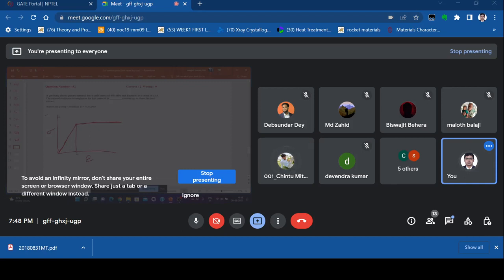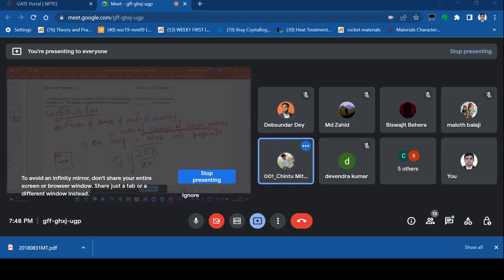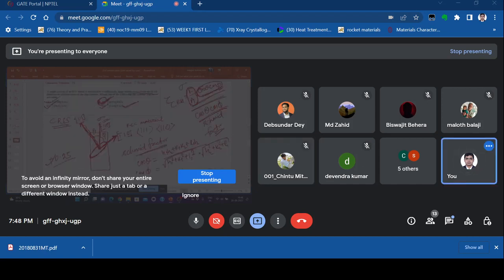Sir, in the previous question, to activate any slip system, why should the Schmidt factor be higher? Okay, you see, this is our critical resolved shear stress. This is our stress F by A, multiplied by the Schmidt factor. This is our Schmidt factor, cos theta cos phi.